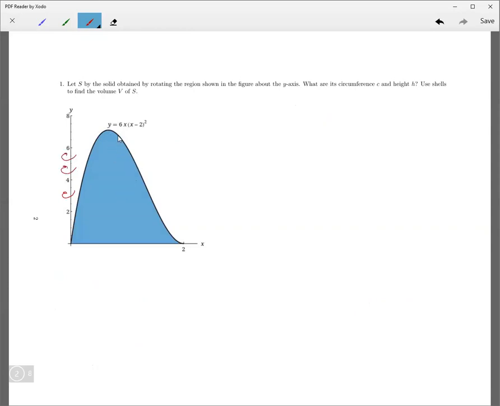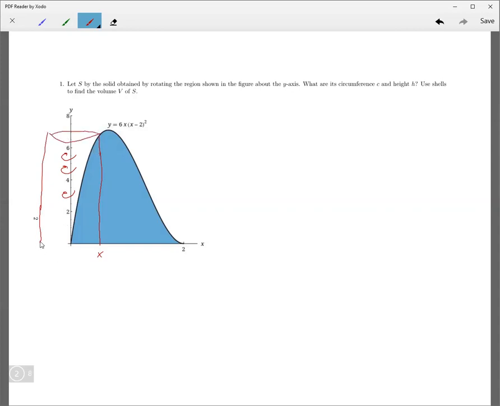And so if you take a typical line segment in the region, this is the value of x, then that's going to be rotated over to here.